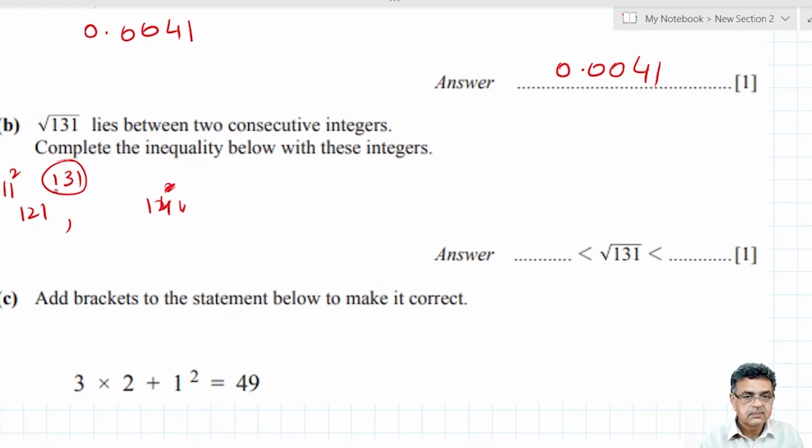So this is in between 11 and 12, because 131 is between 11 square and 12 square. So this number is between 11 and 12. In other words, you can say that the square root of 131 will be 11 point something. That must be less than 12 and greater than 11.